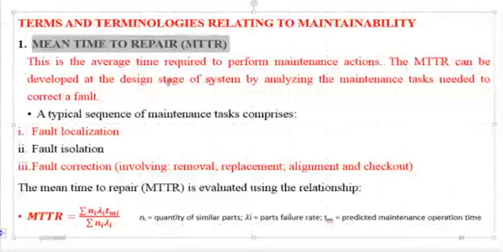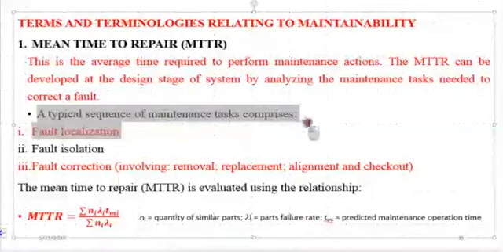The mean time to repair can be developed. How do we estimate it? It can be developed at the design stage, because as we are going to see very soon, when you are designing your system, you conduct some tests to give you an idea on how to maintain it, what are the kinds of failures and other related information. So during the design stage, we can analyze maintenance tasks needed to correct the fault, and we can know the average time to do that.